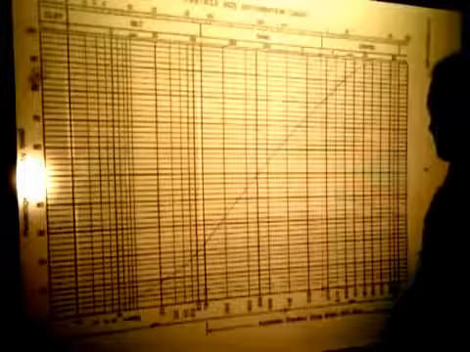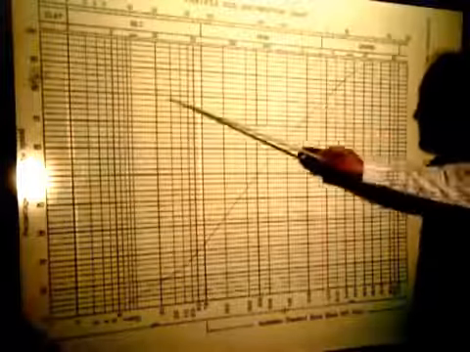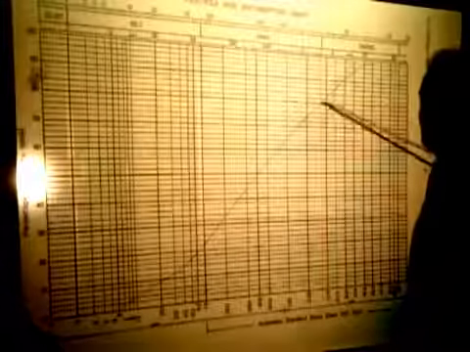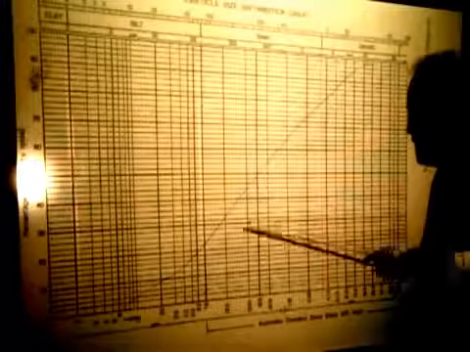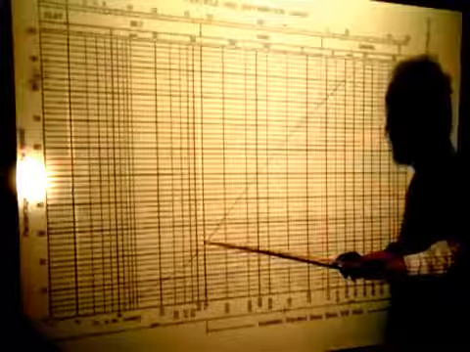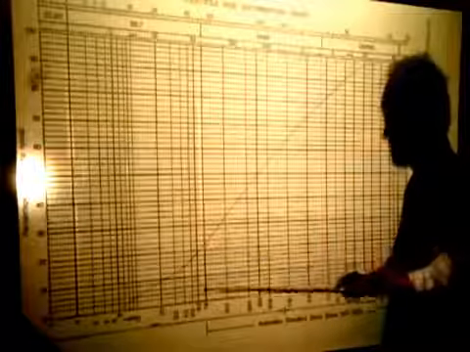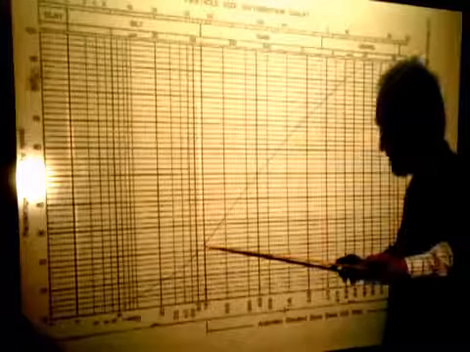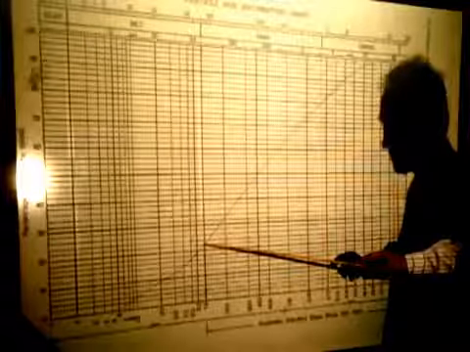This second sample also has approximately 80% finer than the gravel size, so 20% gravel, but the proportion of fines, in other words the proportion crossing the 75 micron boundary, is approximately 22%.